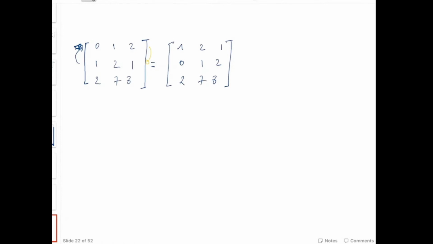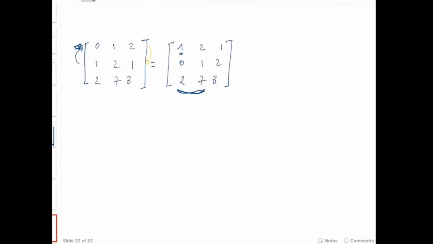Then we see that we have a leading entry 1, and we are interested in making the last row also in a form that would give us a leading entry that is to the right of the previous.